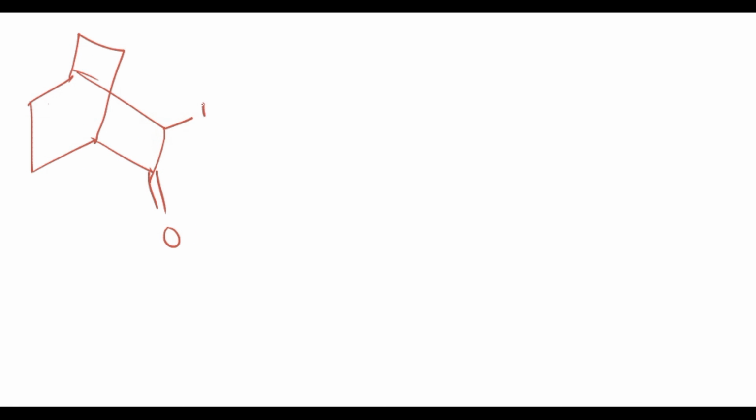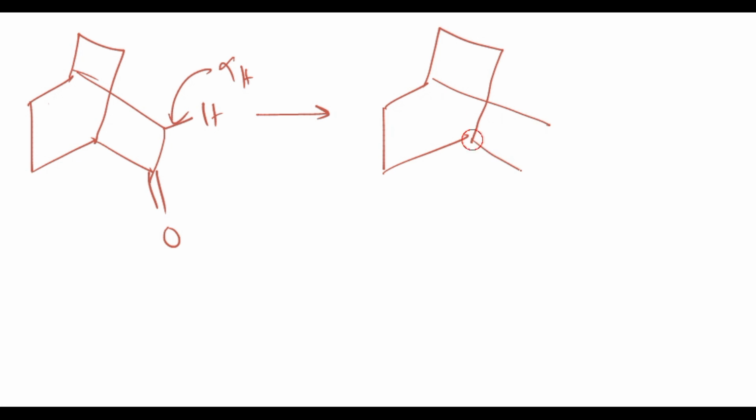That's why this is a tricyclic compound. And remember, for this type of compound the double bond at the bridgehead position is not possible, but from the other hydrogen, for example here, this is also an alpha hydrogen, here the enol form is possible, that is OH. Here you can see the double bond.